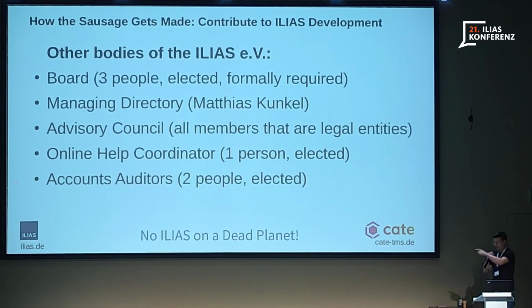We also have an advisory council that is all the members who are legal entities, so these also have a special role. This advisory council has the role to give strategic advice to the board, how the society should develop, and also has some money each year to give to certain projects in the ILIAS community.